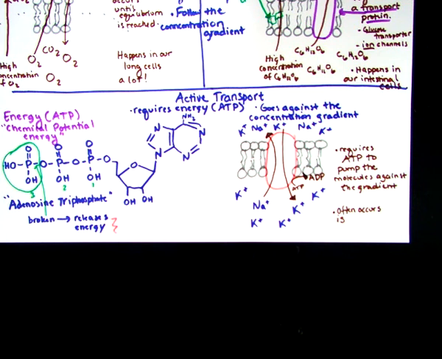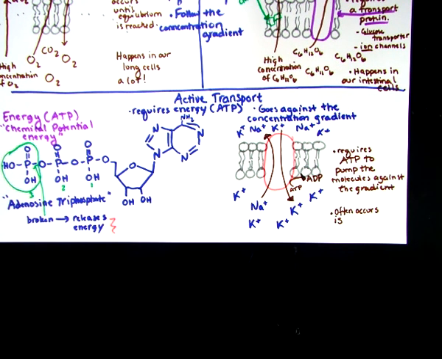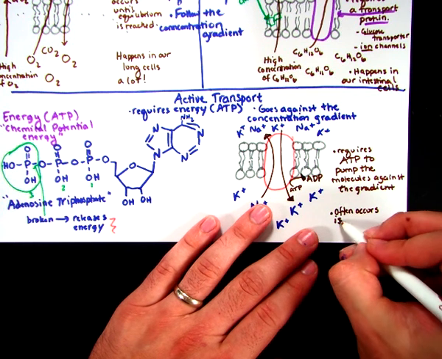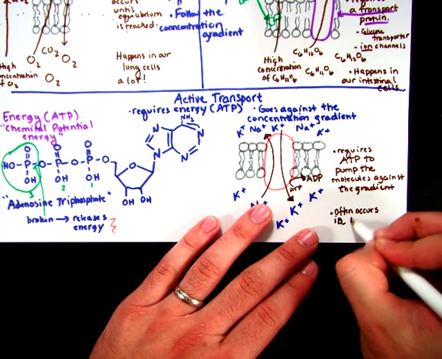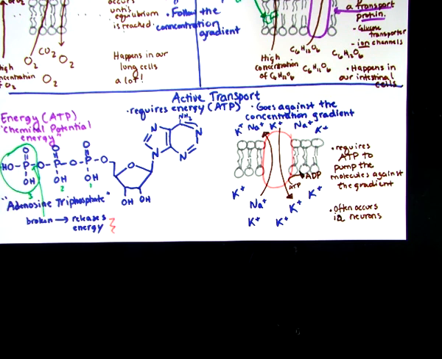Where does this often occur? Often occurs in neurons. So neurons are pumping ions across their membranes to create something called a membrane potential, which we'll talk about later. But neurons are always doing this.